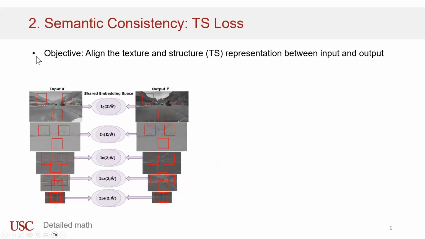Secondly, we reduce the semantic distortion by introducing the TS loss. And the objective is to align the texture and structure representations between input and output to reduce the semantic distortion. So this figure shows the features in different layers in the shared embedded space, and the red bounding boxes represent the receptive field.